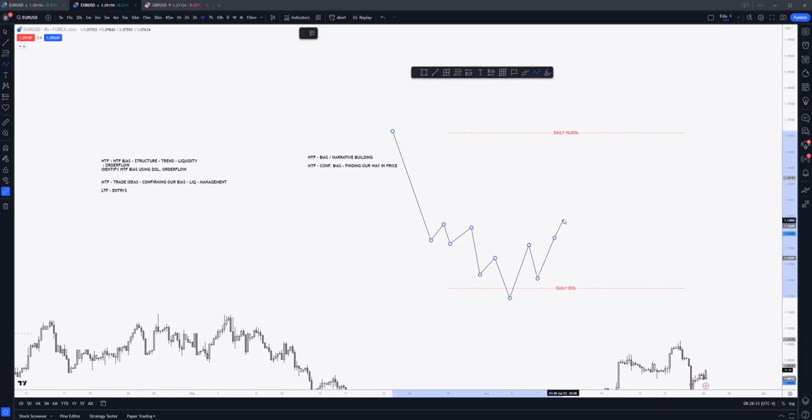So let's say we have an imbalance here. How are we going to get up here, right? Are we more likely to come up here, or are we more likely to fill this imbalance within this bullish order flow and then come up here, right? So that's the way that we have to think.